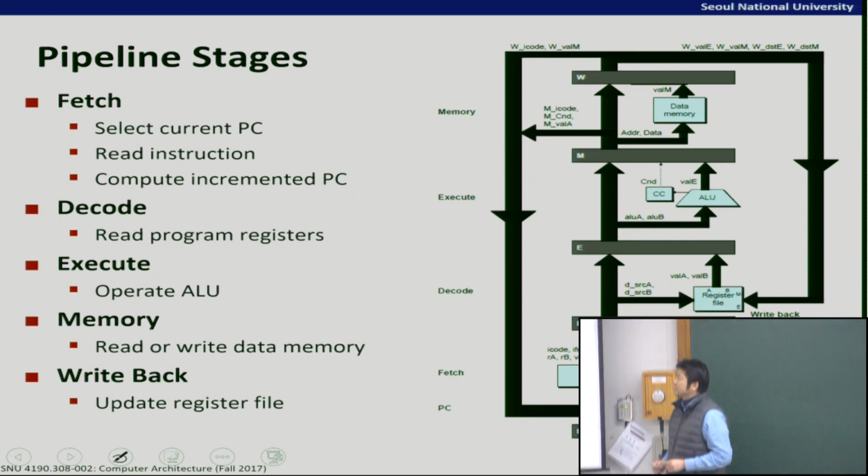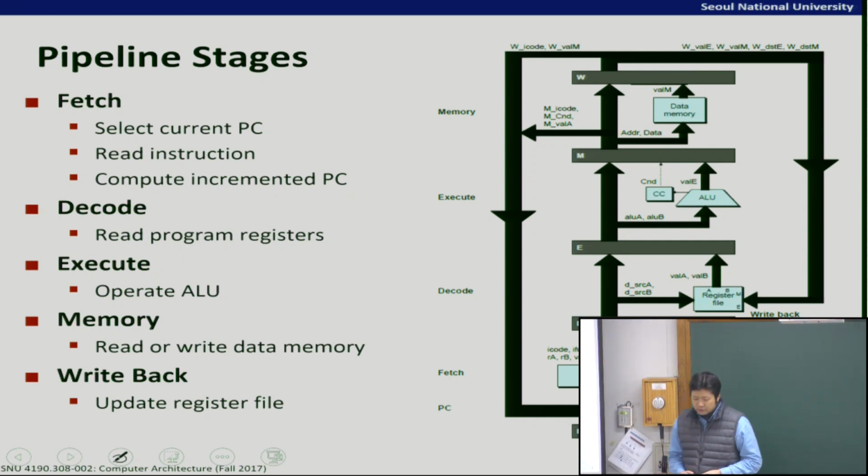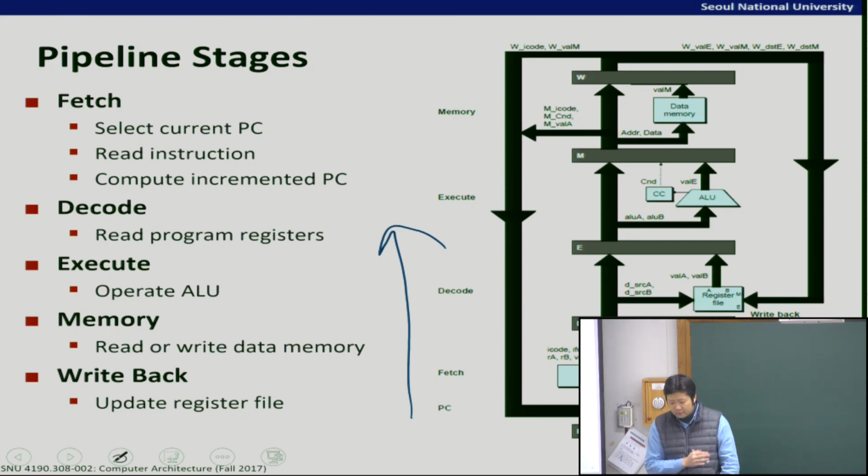So if you review the basic five-stage pipeline, an instruction flows in this direction from bottom to top, and every instruction goes through five different stages: fetch, decode, execute, memory, and write back. That's our basic pipeline we covered last week.